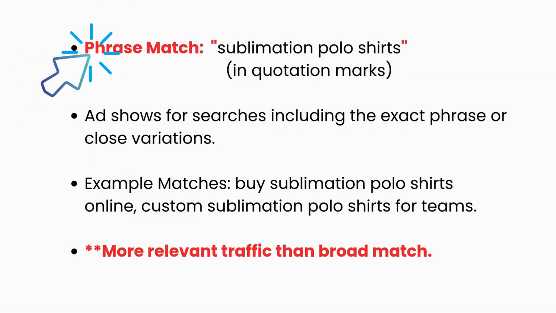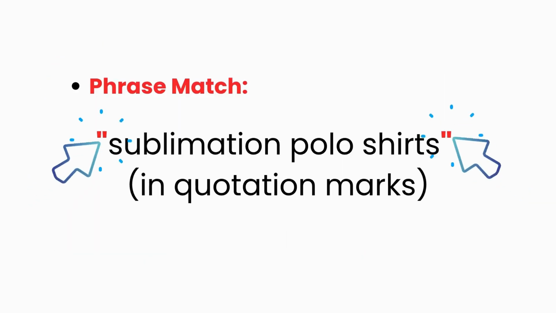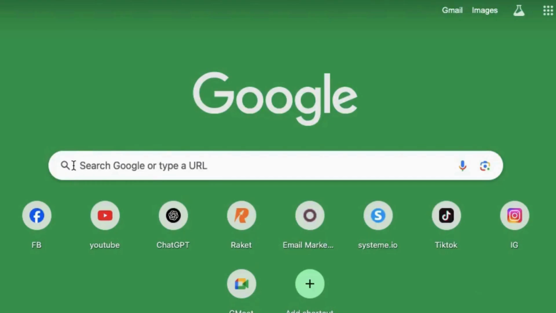Next up is phrase match. This is like putting your lemonade stand in a specific part of the sidewalk, like near the park entrance. To use phrase match, you put quotation marks around your keyword phrase like this.